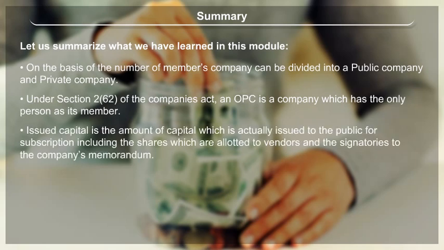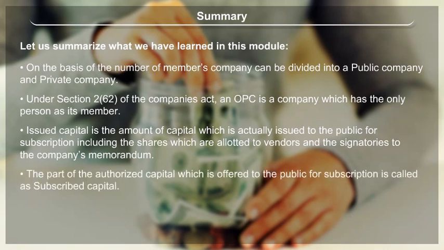Issued capital is the amount of capital which is actually issued to the public for subscription, including the shares which are allotted to vendors and the signatories to the company's memorandum. The part of the authorized capital which is offered to the public for subscription is called subscribed capital.